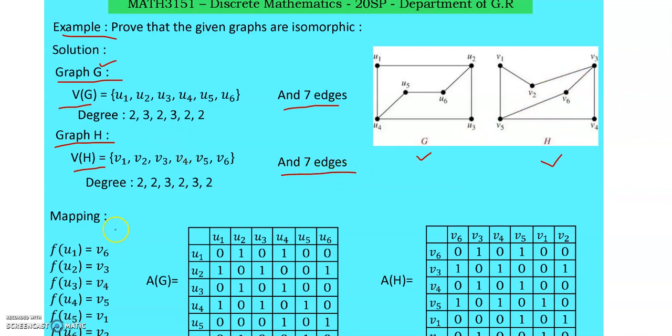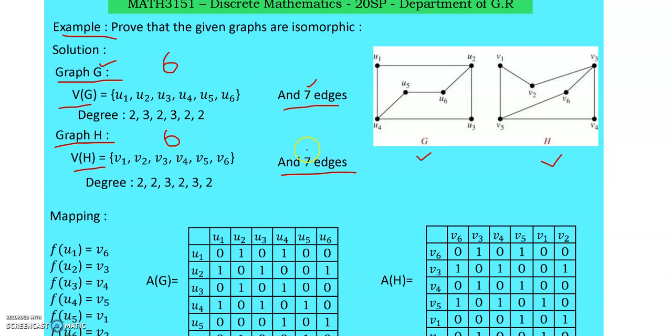Now what we have to check first: the number of vertices in the graph G is equal to the number of vertices in the graph H. Yes, here how many vertices? That is 6. In graph H, how many vertices? 6. Now next, you check how many edges in the graph G. 7.